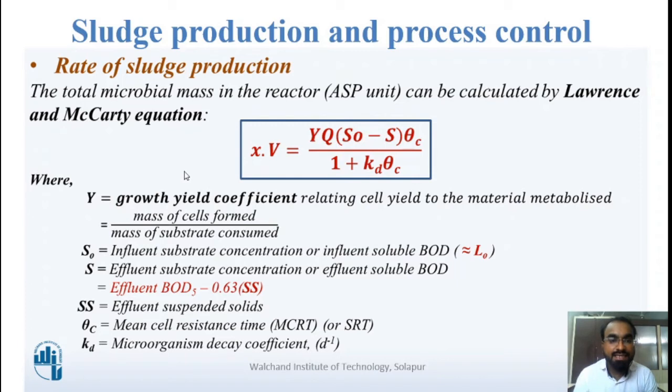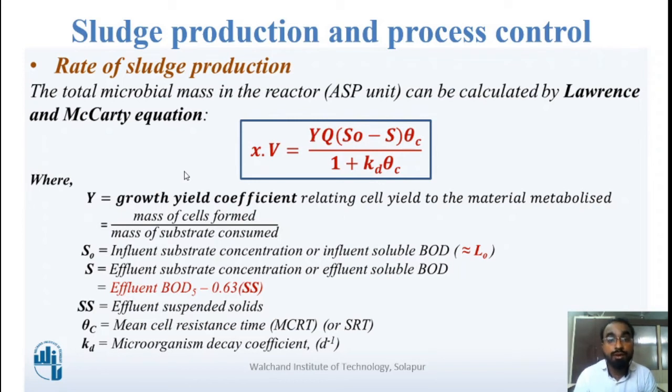So after seeing this equation, we can say that the sludge volume production is dependent on many things. See, in the equation there are a lot of parameters. First is how much microorganisms are forming, then how much substrate is being degraded, then at what rate microorganisms will be there in the water, then at what rate microorganisms are decaying.